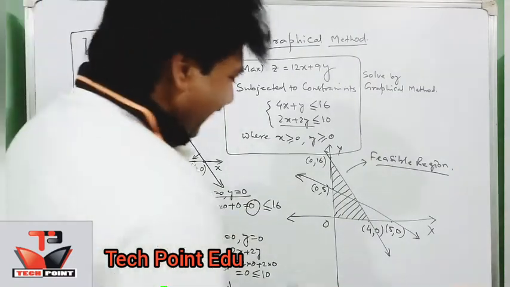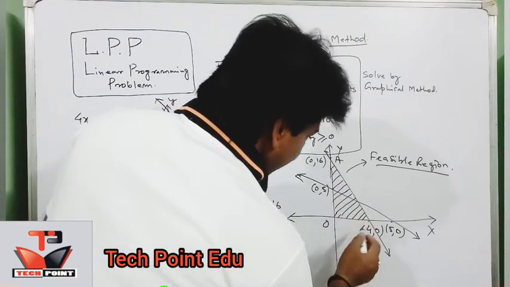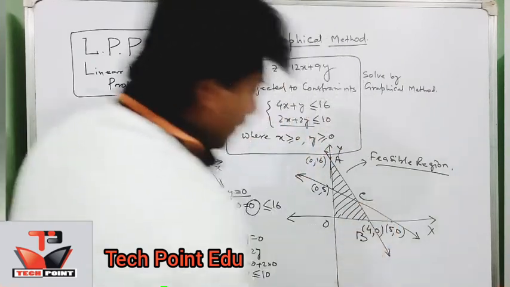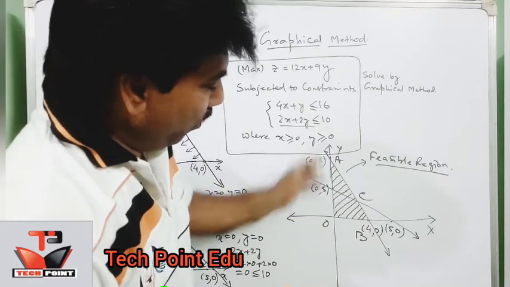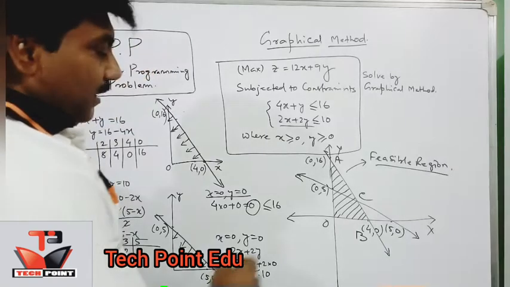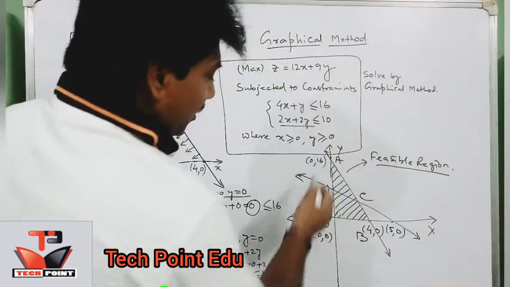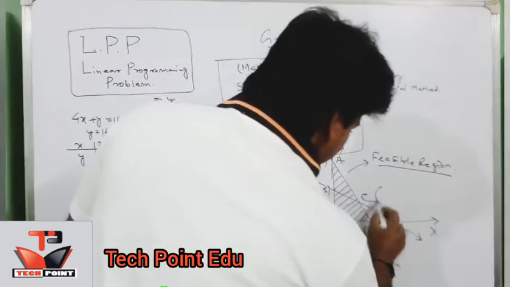And here you are getting O. Name the points B, A, B and your C. That means the area is bounded by OABC or OACB. Now O you know 0, 0, A you know 0, 16, B you know 4, 0, and how to find C?